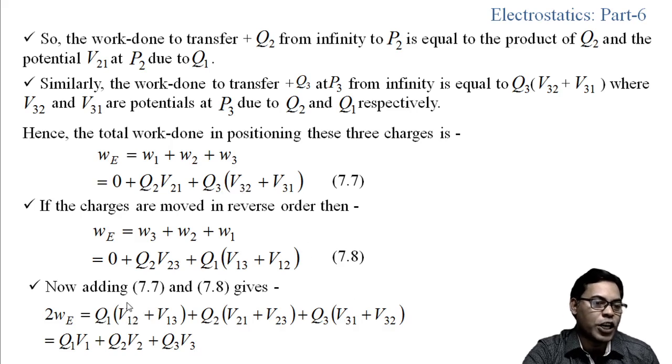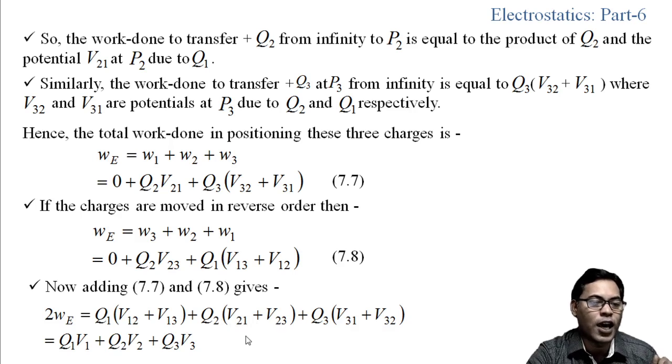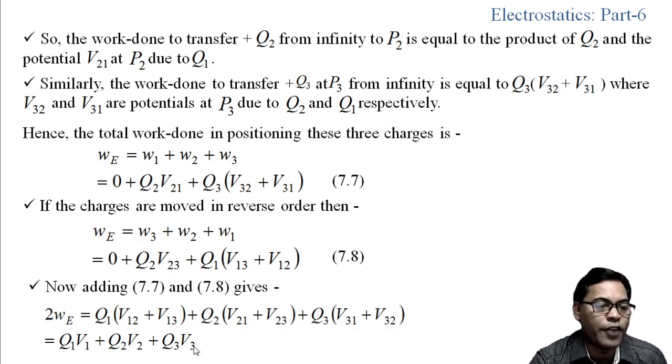This potential V12 plus V13 can be written as V1, because we are getting the potential at the point 1 due to the charges present at point P2 and point P3. Similarly, V21 and V23 can be represented as V2, and V31 plus V32 as V3. So these V1, V2 and V3 are the absolute potentials at the points P1, P2 and P3 respectively.